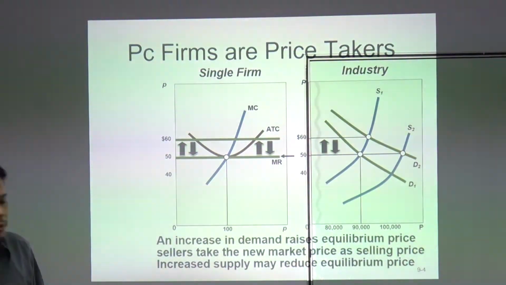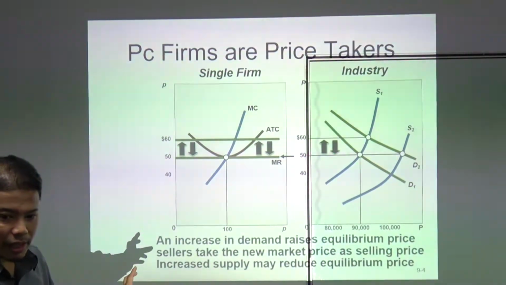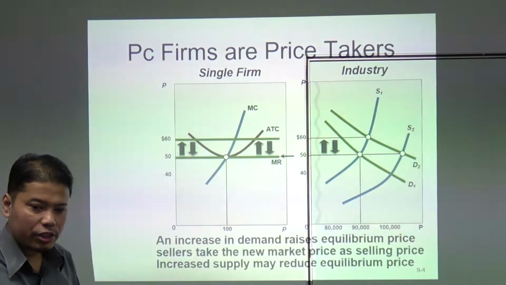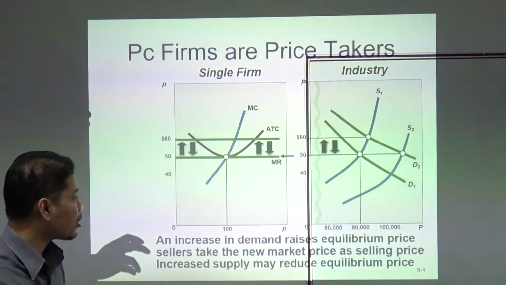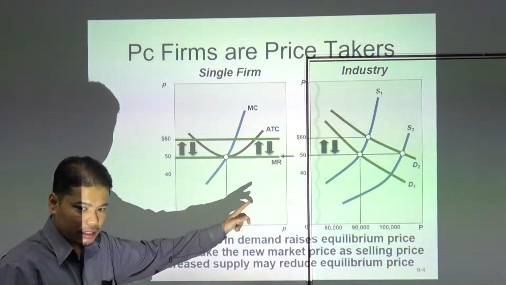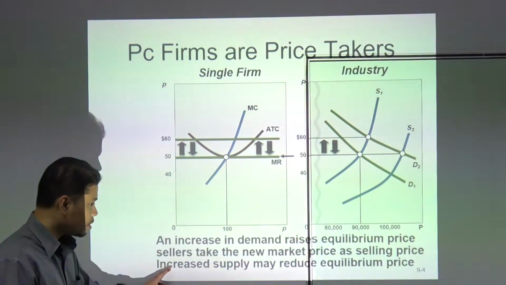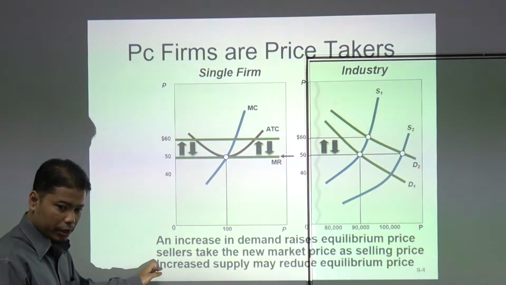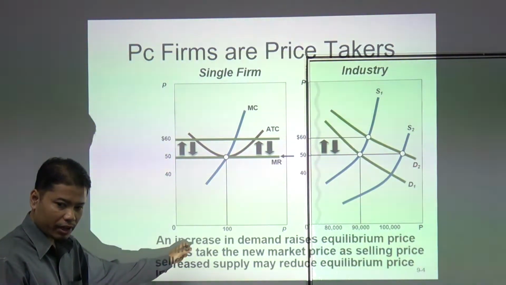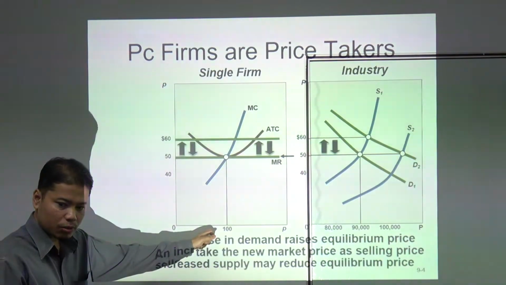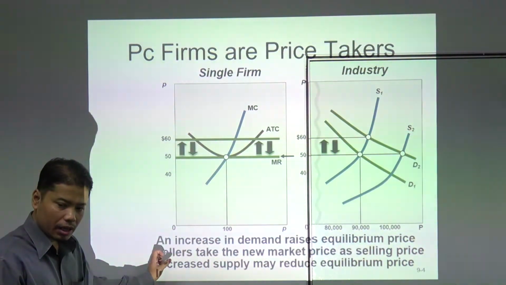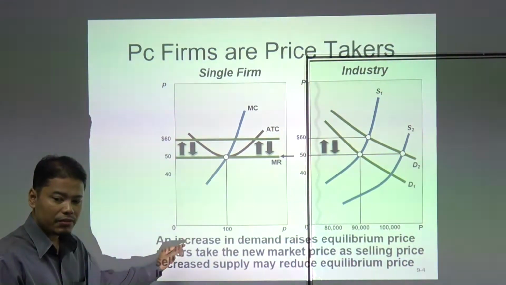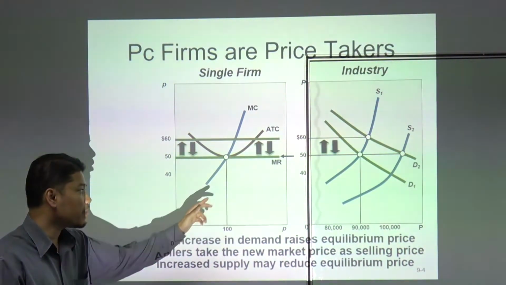Secondly, because there are so many sellers in the market, the production decision of one single seller will not have any impact on the market supply. So the seller here, the producer here, can produce 1, 2, 3, 4, 5, 6, 7, 8, 9, 10, 11 or 20 units of this product, and is able to sell all of these units at the same market price.